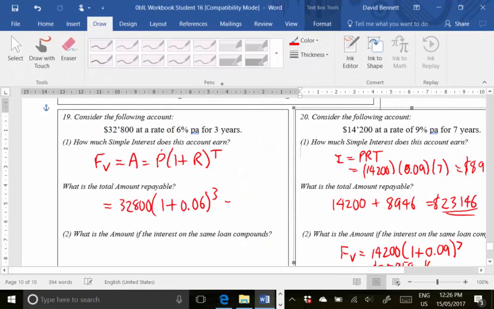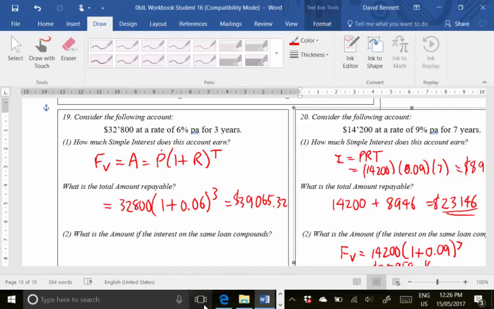So it's equal to $39,065.32. Remembering, everything over the 32,800 is actually interest.